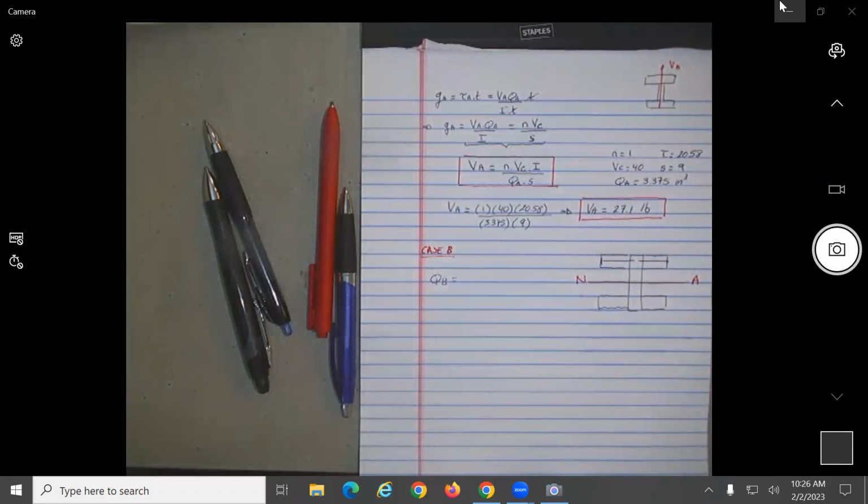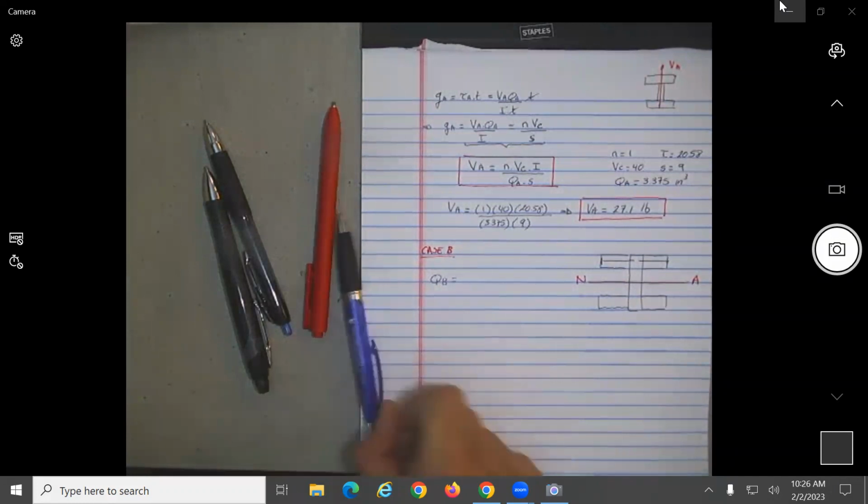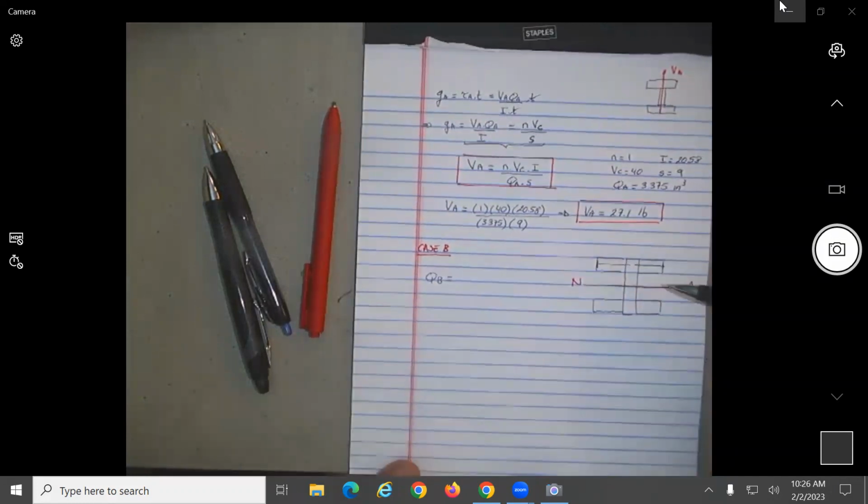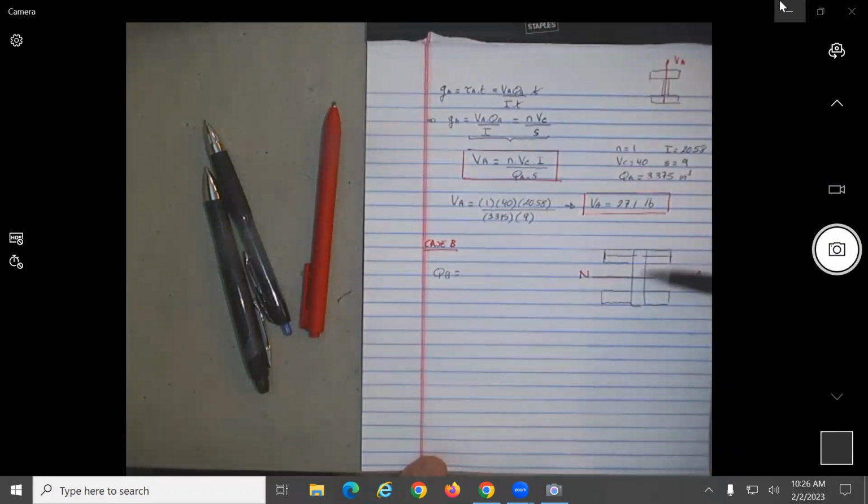The spacing doesn't change. What will be the Q? So what are the choices you have? This, or then you can just choose this one or this one.